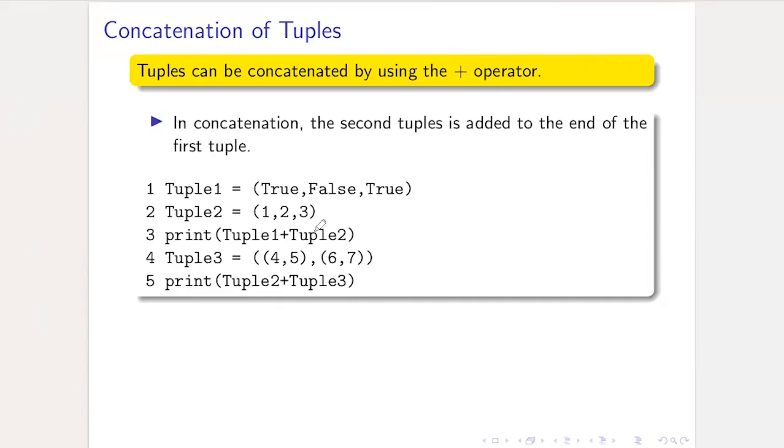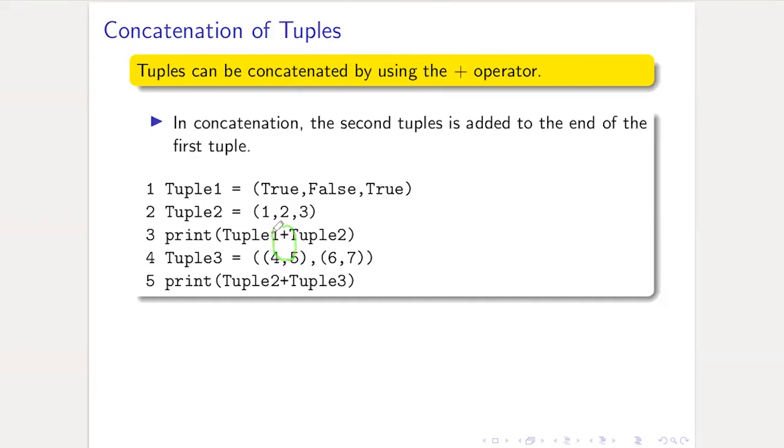Because addition is a binary operator, you will have one operand on the left side and another operand on the right side, and the right hand side operand will get added to the left hand side operand. That's how it works when you use the plus operator.